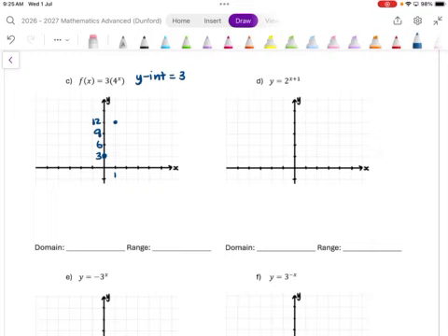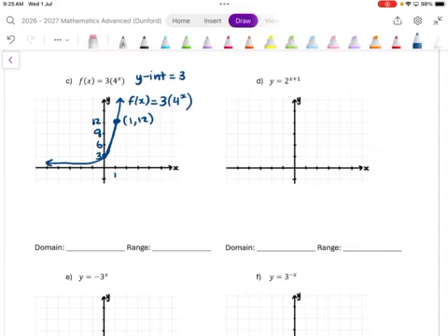Now, like I said, all we need is the y-intercept and a key point. So when we sketch this curve, it is very steep, but that is what we want. We want to show that it's nice and steep. We want to put in a dot at (1, 12), and we want our f(x) = 3 lots of 4 to the power of x.